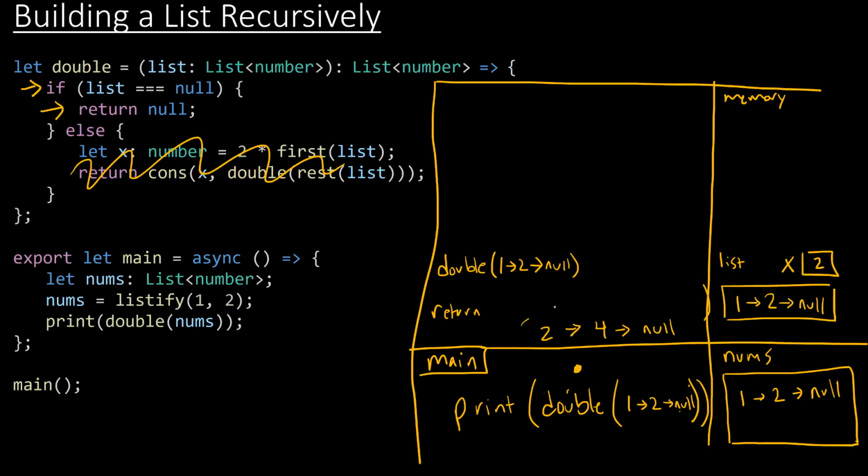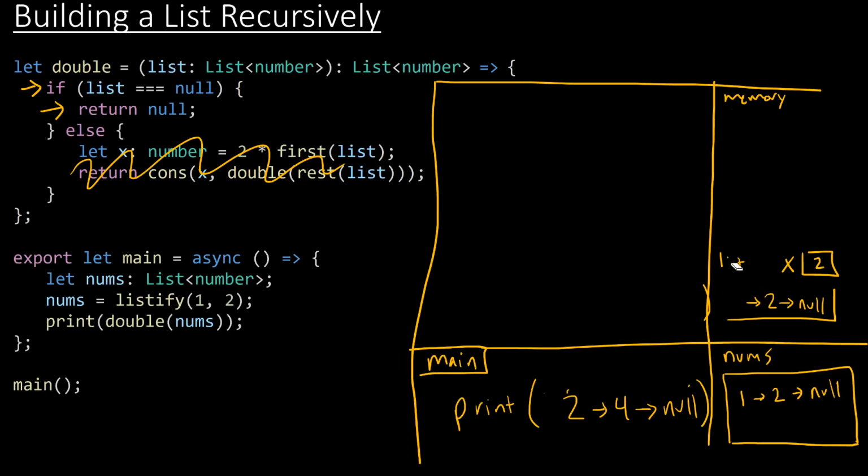And this is just a return statement where we've got this list, and we're going to return it back down to our bookmark. So double of 1, 2 null is going to evaluate to the list of 2, 4 null. And we're almost back and done. And hopefully you can kind of get a sense of how the mechanics of this are coming together. So we erase all of our work from the prior function call, and we're ready to return back to main.